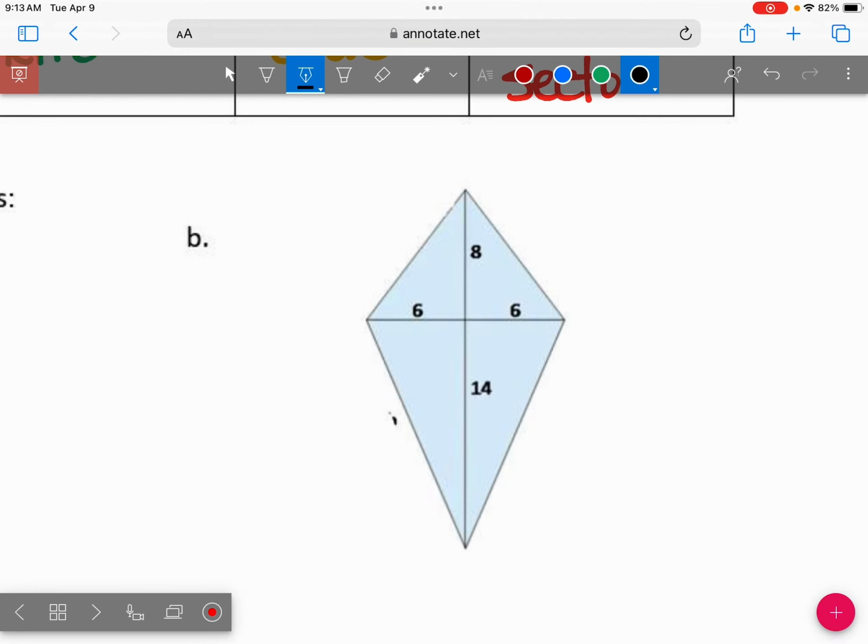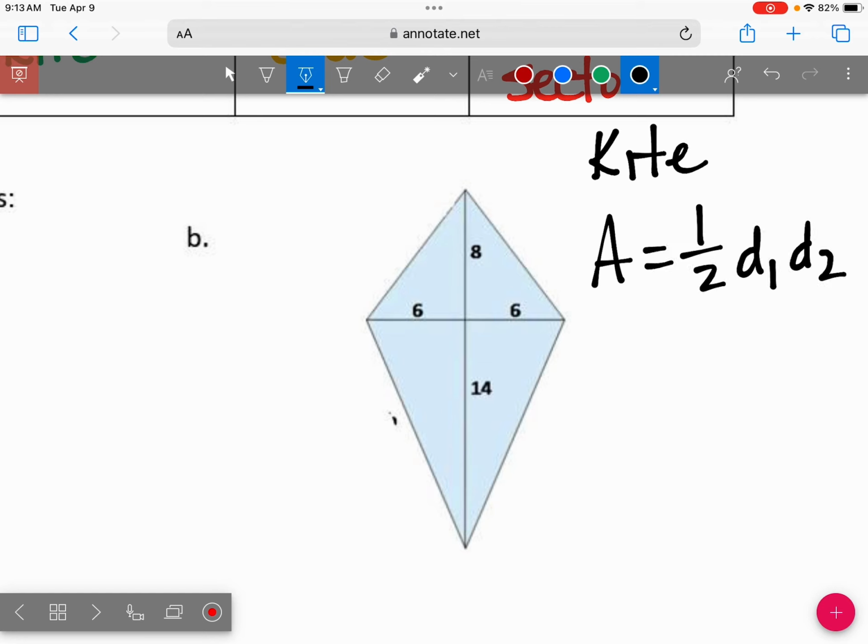So when I'm looking at question B, first of all, what's the shape? Kite. So area of a kite is 1/2 diagonal 1 times diagonal 2. This is your diagonal 1 right here. These two numbers added together is diagonal 1.